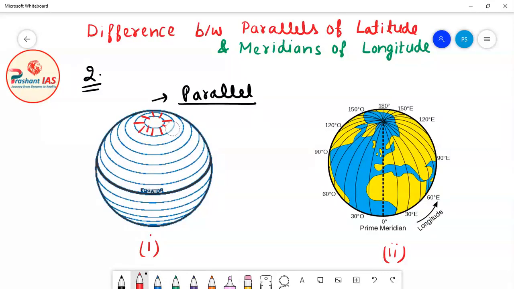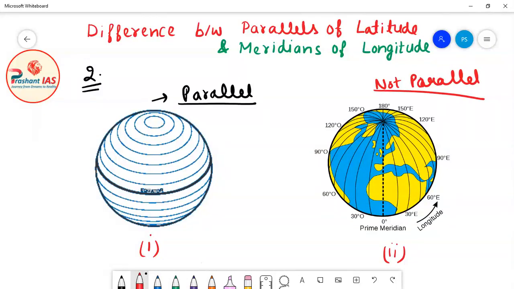So the parallels of latitude are parallel to each other, meaning the distance between them is always the same. But friends, the meridians of longitude are not parallel to each other. This is the second difference. It means that the distance between two meridians of longitude is not always the same.